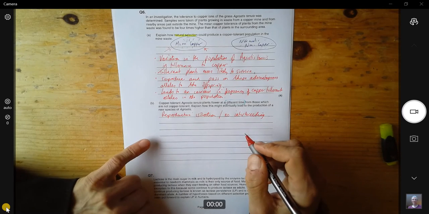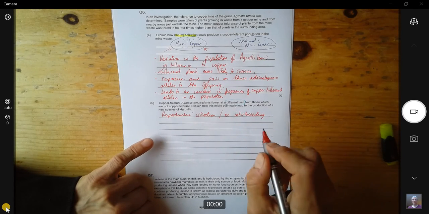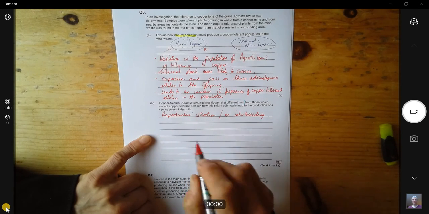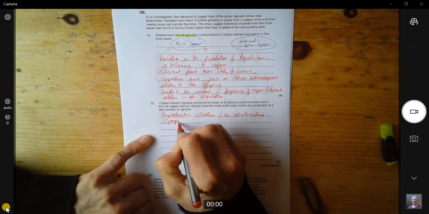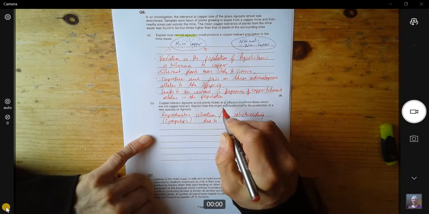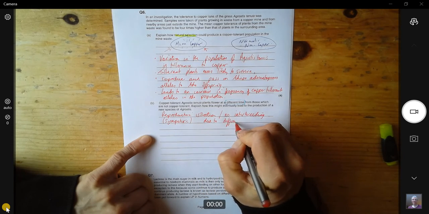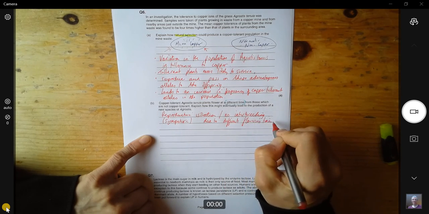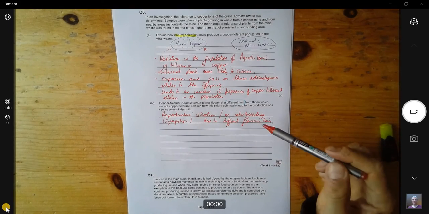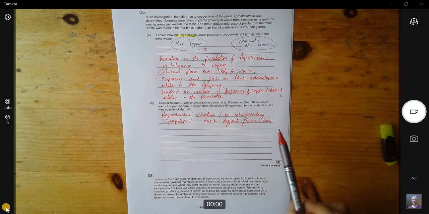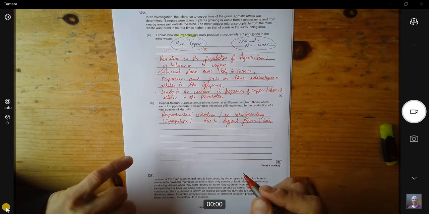It doesn't mention it in the mark scheme, but that is your example of sympatric. So I'm just going to write it there. Sympatric due to different flowering times. So I'd be tempted to talk more about that, but actually it wants you to talk about the general kind of natural selection and speciation that's going on.